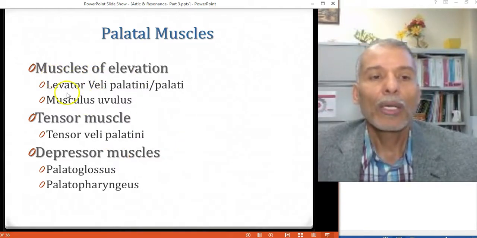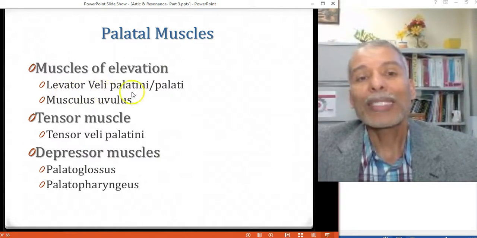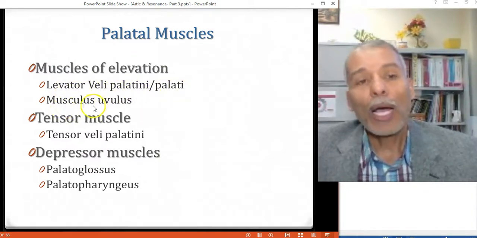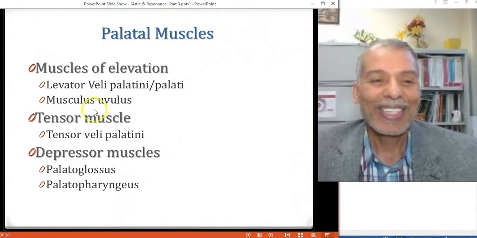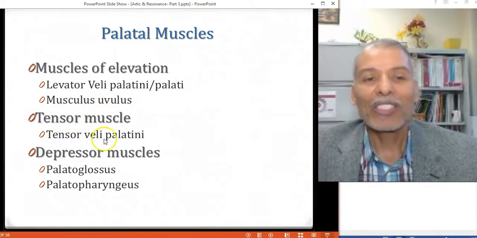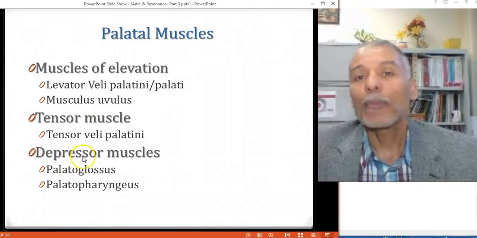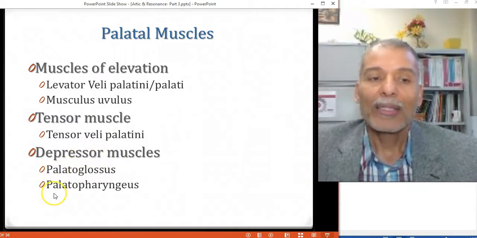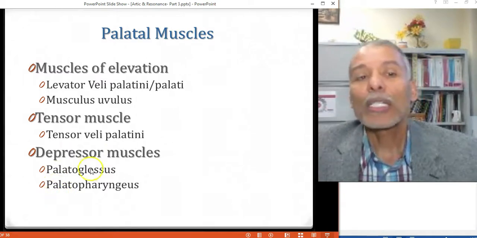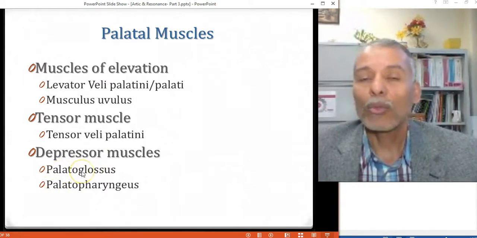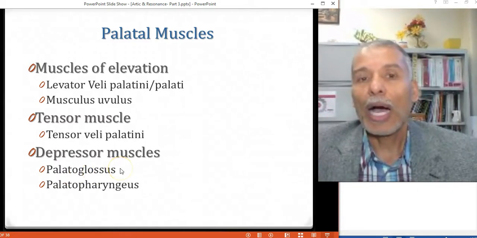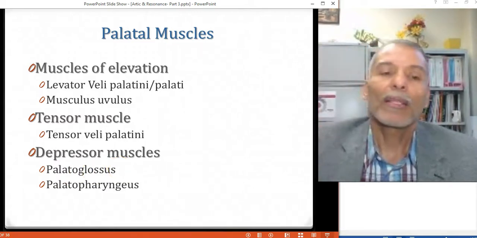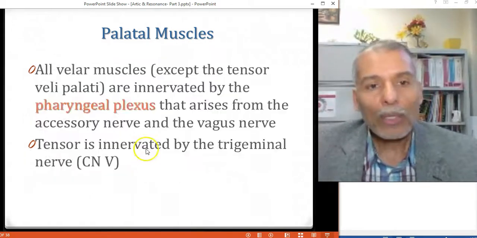These are two here, the levator veli palatini, or palati sometimes, and the musculus uvulae. And then we have the tensor veli palatini, and then the depressor muscles include the palatoglossus and the palatopharyngeus. We just discussed the palatoglossus, and we mentioned how it can lower the velum or elevate the tongue. So let's begin.